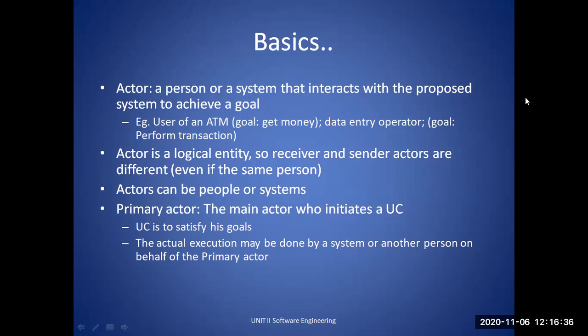So let us see some of the important terms which have been used in the use cases. There are some terms that will be used for representing the functional aspects of the system which is going to be developed. So one of the terms is actor.